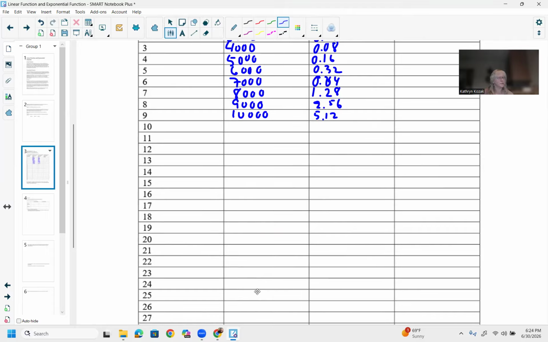On day 10, we're going to have $10,000. Day 11, we're going to have $11,000. And we're going to have $10.24. Still looks like option A is the better option at the moment, but let's keep going. $12,000, because we're going all the way to 31 days.